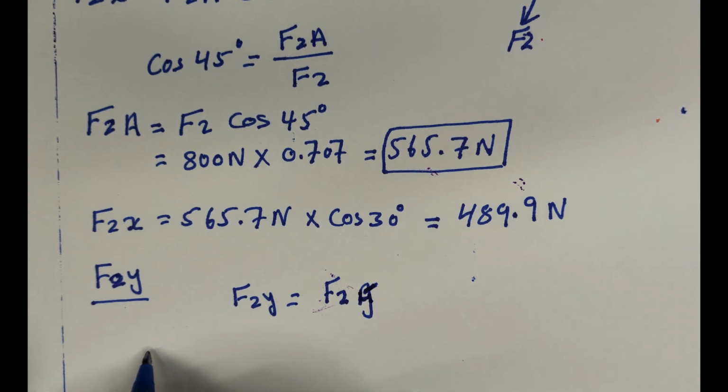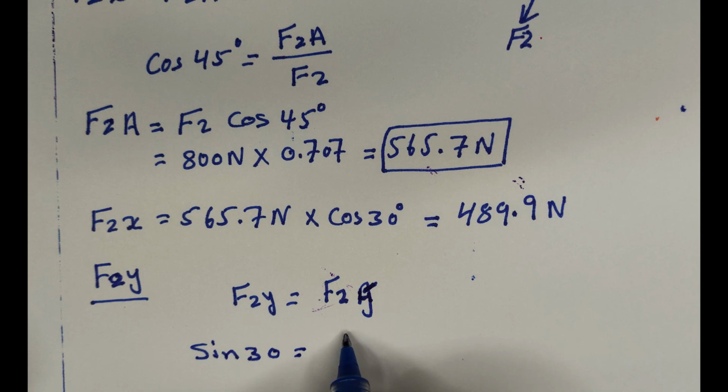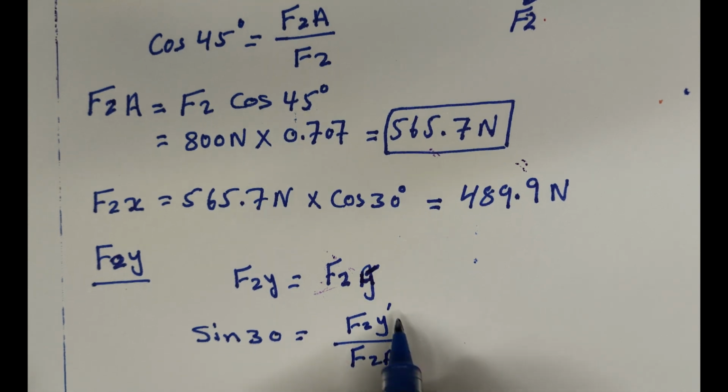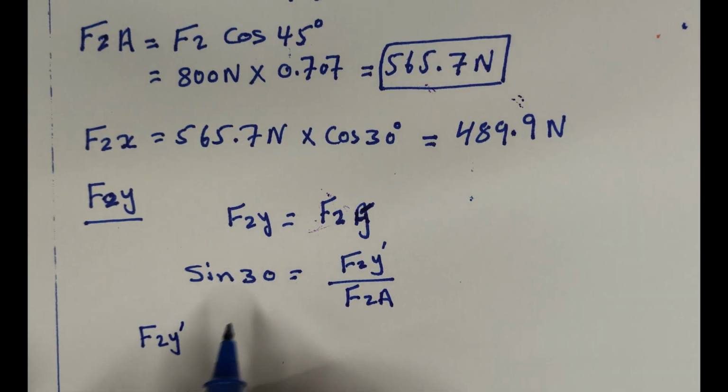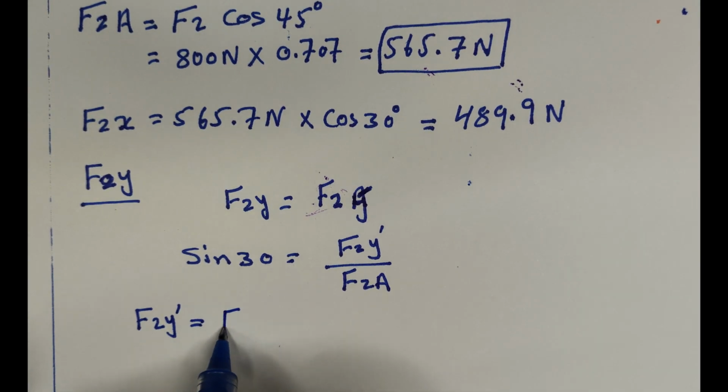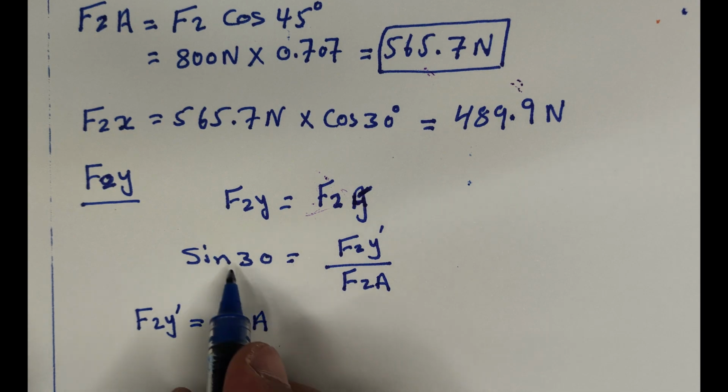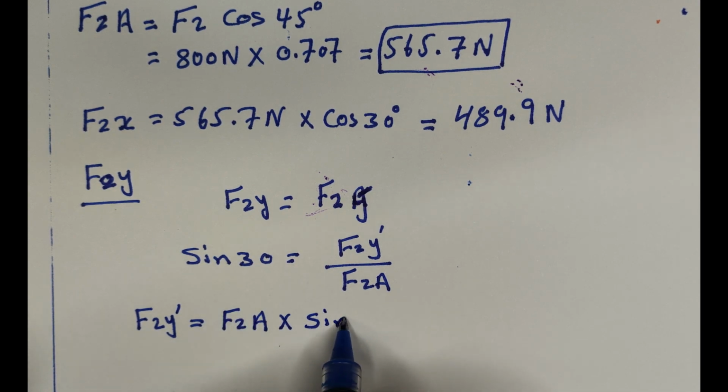Now if we say sine 30 equals F2y dash divided by F2a, solving for F2y dash equals F2a times sine 30.